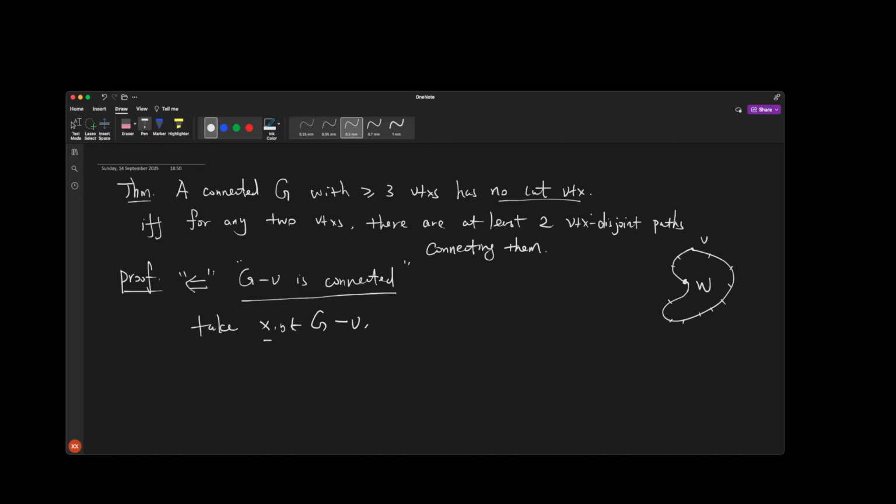Of course these two vertices are also vertices of G. So remember, in the original graph G, we have at least two vertex disjoint paths connecting x and y, and only one of them possibly contains V. So by assumption, there are at least two vertex disjoint paths connecting them.